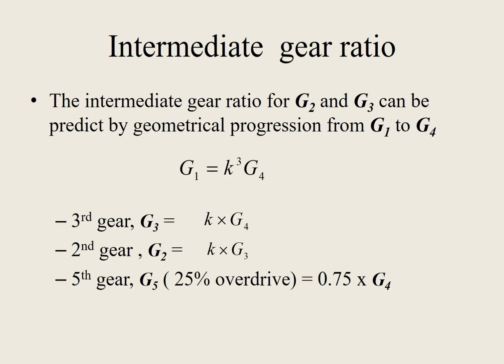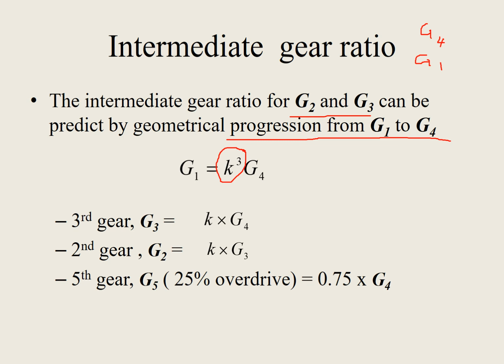Okay, for intermediate gear ratio, after we get the top gear G4 and the bottom gear G1, the ratios for G2 and G3 can be predicted by geometrical progression from G1 to G4. So we can use this: G1 equals K cubed times G4.